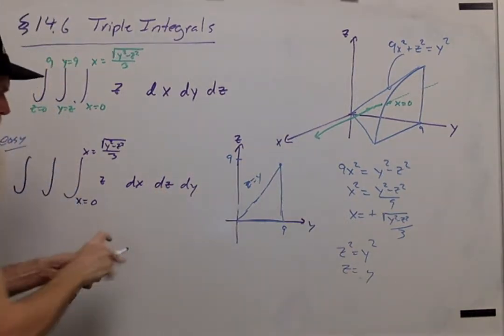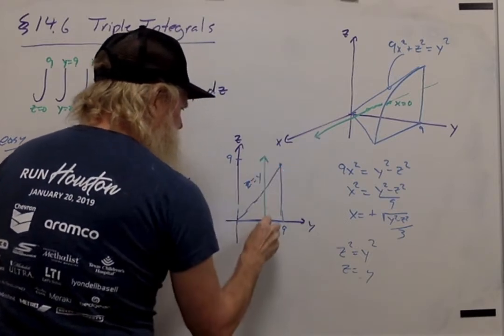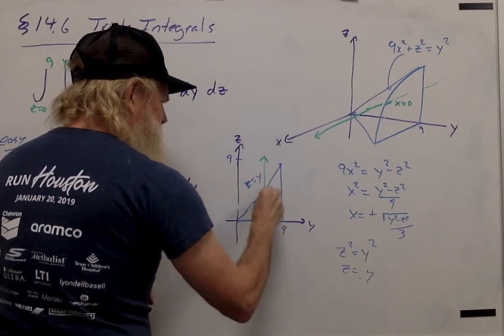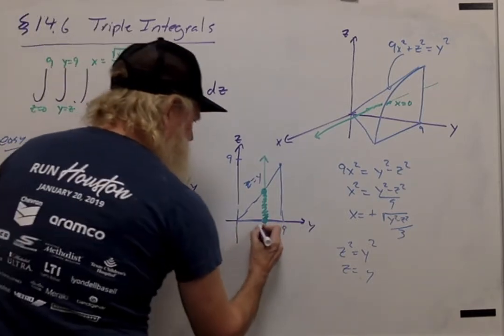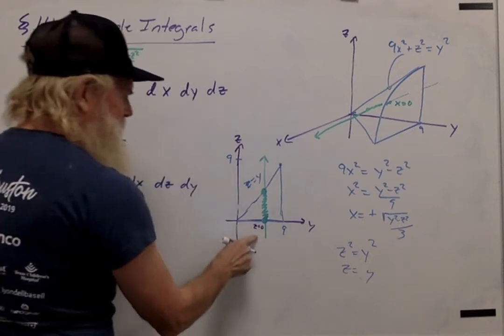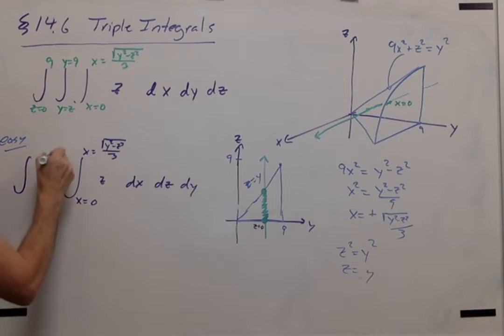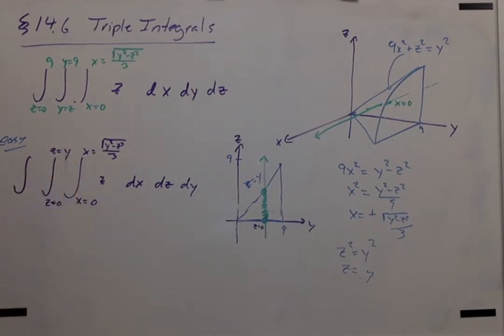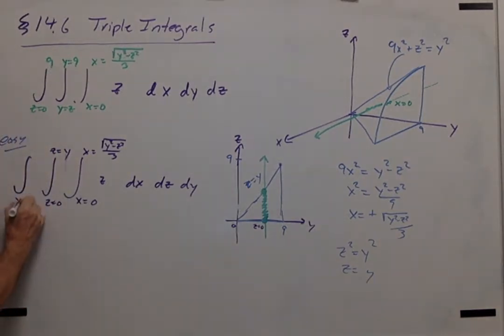Since I'm hitting z next, I'm going to draw a line segment through here, parallel to the z-axis. Notice that it enters on the y-axis, continues on the inside, and exits on the line z equals y. So that means that I'm entering on z equals 0 and exiting on z equals y. So my bounds for z are from z equals 0 to z equals y. And finally, putting in the smallest and largest values of y, I'm going from y equals 0 to y equals 9.